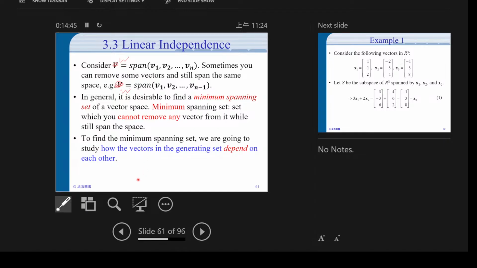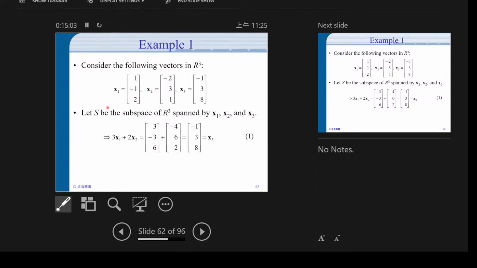Okay, this is a bit of a spoiler. So we are going to find how vectors depend on each other, and whether they are a minimal spanning set. The key idea here is that minimal means you cannot remove anything and still get the same set.